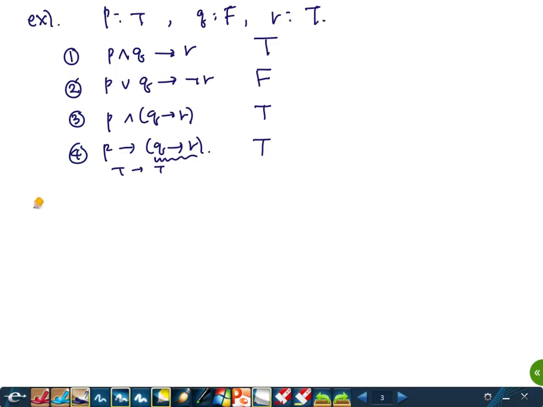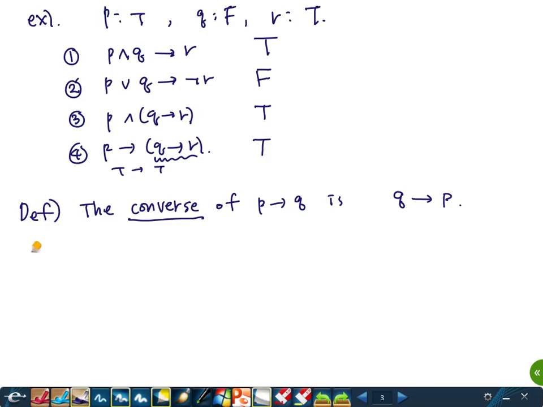Okay? All right, and when we have a conditional proposition, we can talk about the converse. The converse of if P then Q is the proposition: if Q, then P. You just switch the order of P and Q. This is called the converse. So, example.